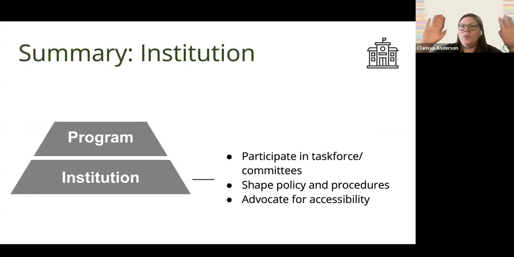When we're talking about the institution, sometimes it can feel very big scale, and not everyone necessarily will be or needs to be part of such a task force or committee. But I think it is important to know: does my institution have one, what does it look like, what are they doing, and how does that affect me as well?